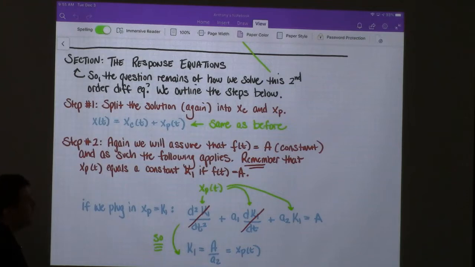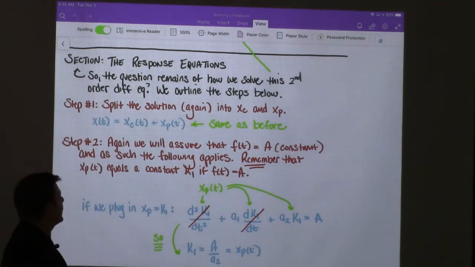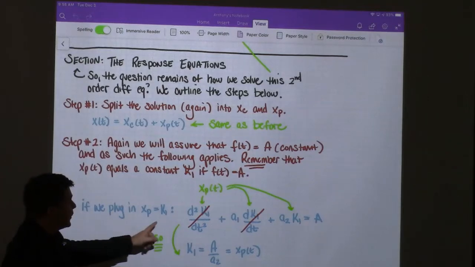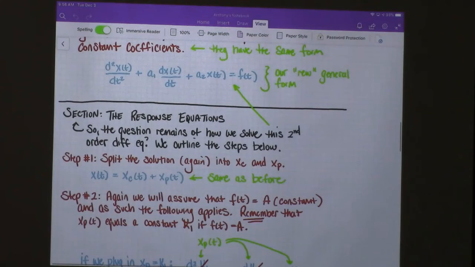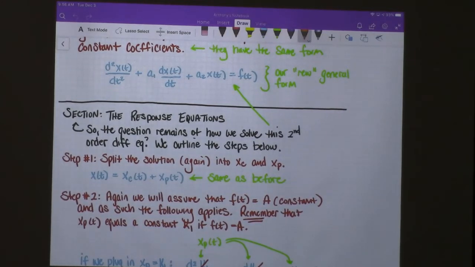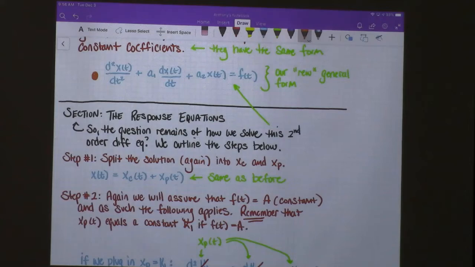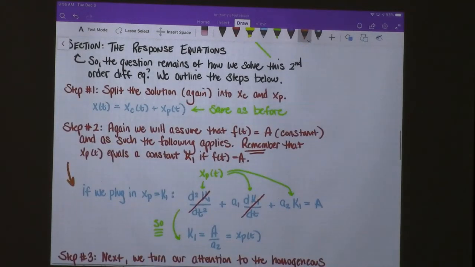Step 2. Again, we will assume that f of t equals a constant. And so the following will apply. If we take the form up here, that's what we mean when we say we're taking this form and using it down here.